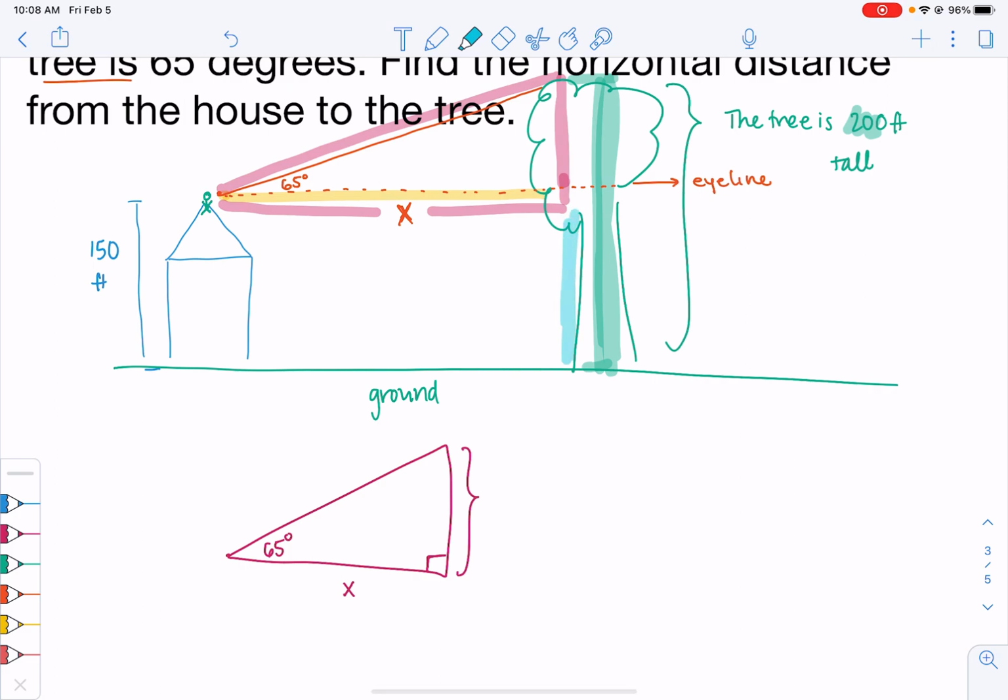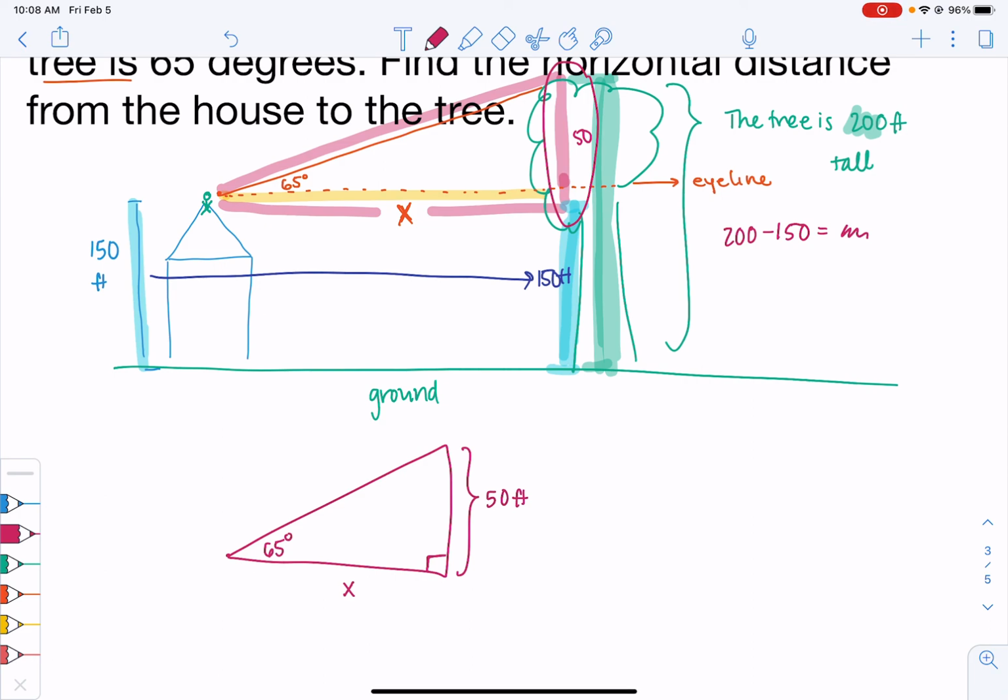The pink distance, well, we know the house is 150 feet tall, so that's this blue distance here. So that means the pink distance here, in order for the whole thing to be 200, so 200 minus 150 equals the pink. This is going to be 50 feet.